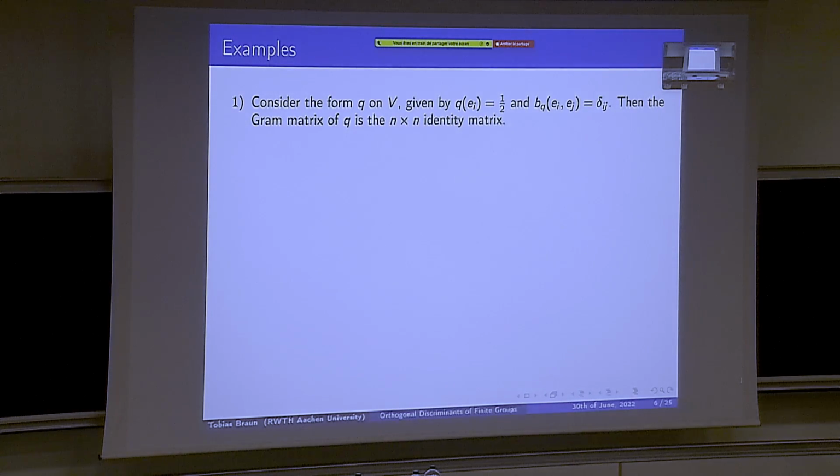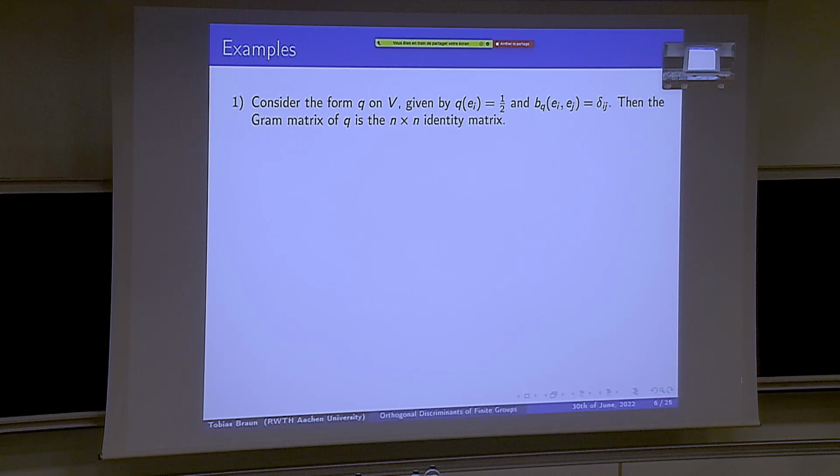So I'm going to show two very basic examples. These are like the easiest examples that you can come up with. We start with the vector space V with the basis e_1 up to e_n. Then you take the quadratic form Q on V whose Gram matrix is just the Gram matrix of the standard inner product. This is, of course, regular, so non-degenerate.